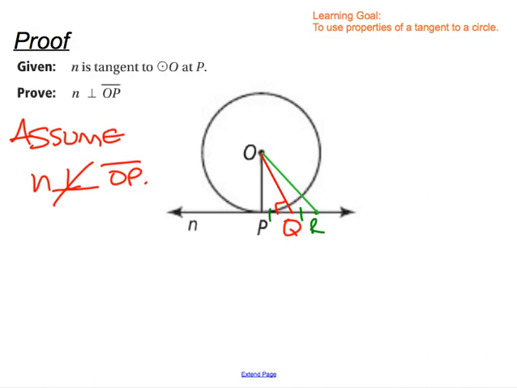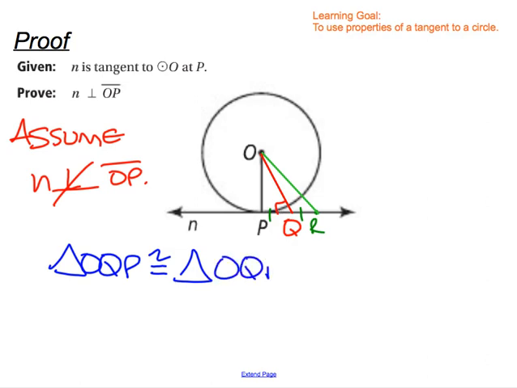Now let's take a look at what we have here. We have P to Q, which is congruent to Q to R. We have OQ, which is in both triangles, and we have the right angle at angle OQP. Well, if we assume that is true, then triangle OQP is going to be congruent to triangle OQR, and the reason for that is going to be by side angle side.